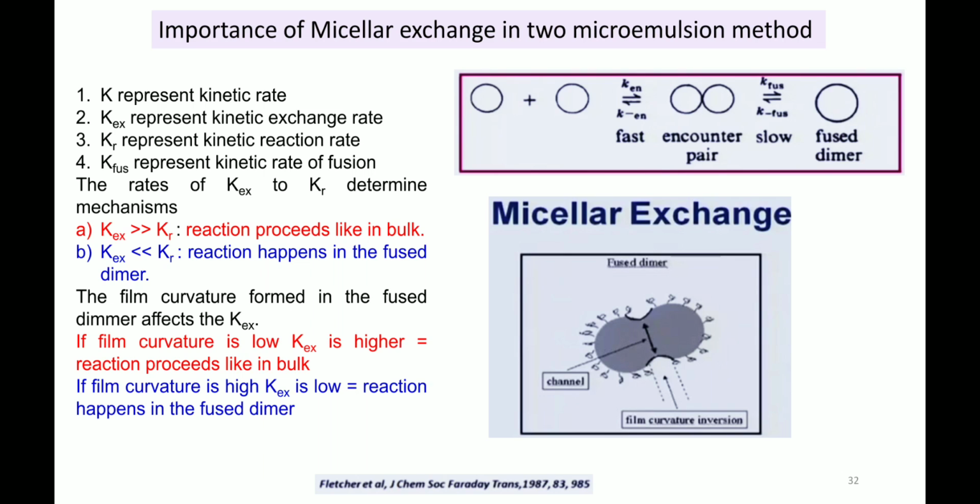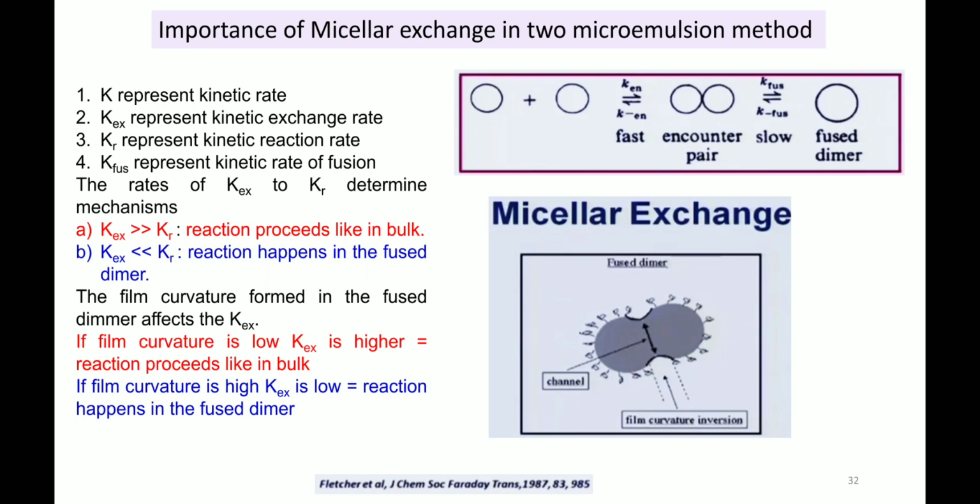kind of a material. Okay, if K exchange is much less than Kr, it means the exchange of reactant A and reactant B at the micellar interface is slow, but the reaction is faster as compared to the exchange. If this is the case, then the reaction happens in the fused dimer.